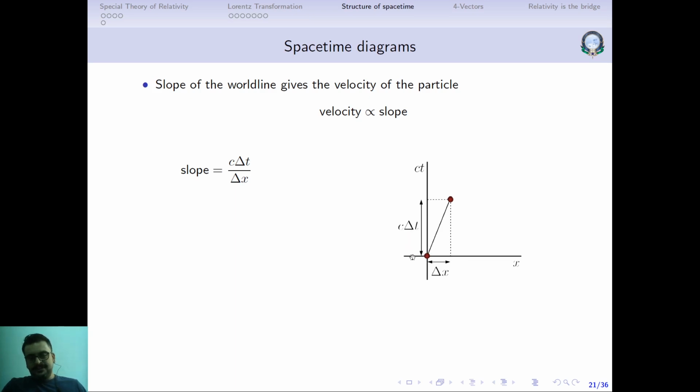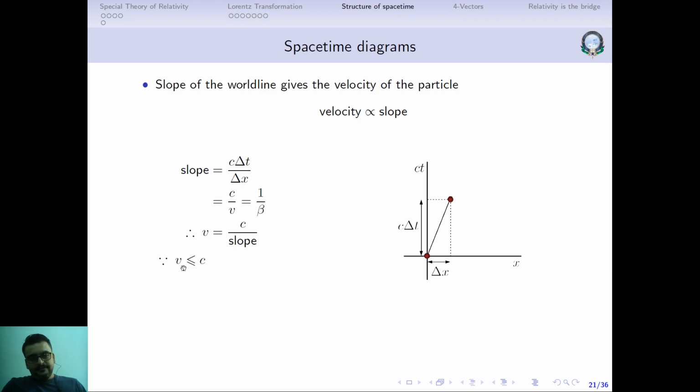Slope is always vertical divided by horizontal, which is c delta t divided by delta x. Delta x by delta t is v, so the slope is nothing but c by v, which is 1 by beta. So velocity is equal to c by slope. Velocity is inversely proportional to slope, not directly proportional.